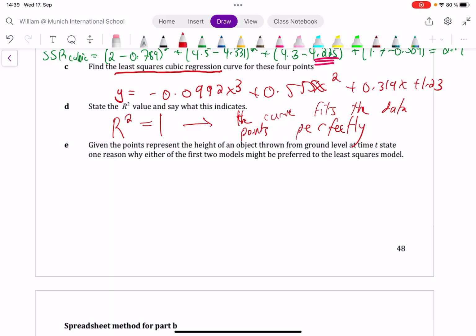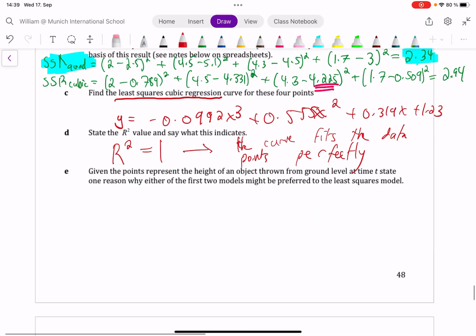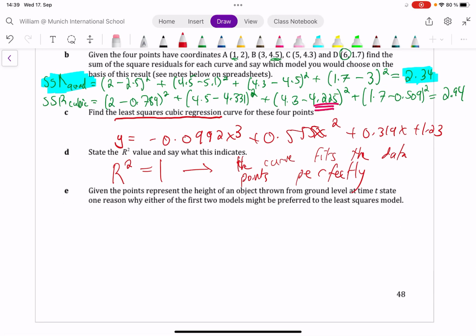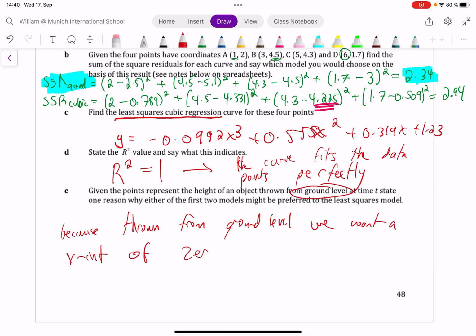Right, and so we should think, okay, well, if it's thrown from ground level, maybe we choose one of the ones they gave us up here. Because thrown from ground level, we know that, it says it right there, we want a y-intercept of 0, which the regression one does not have.